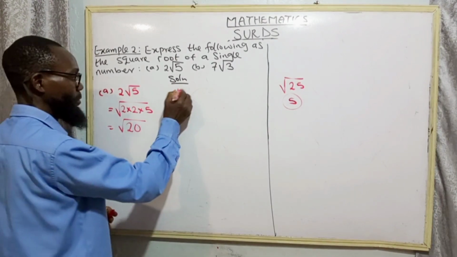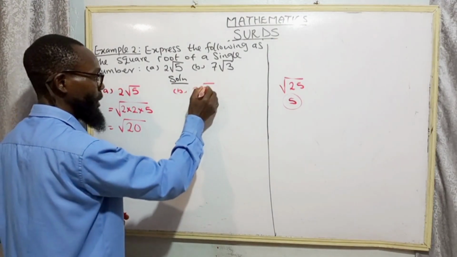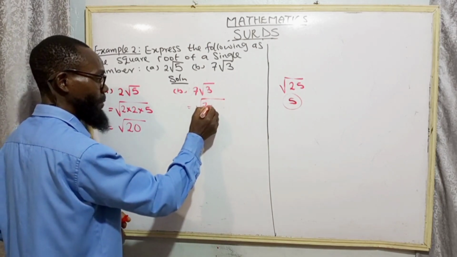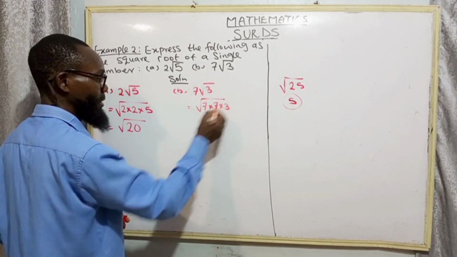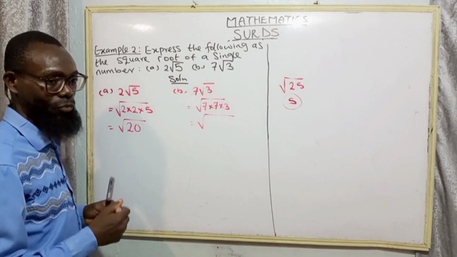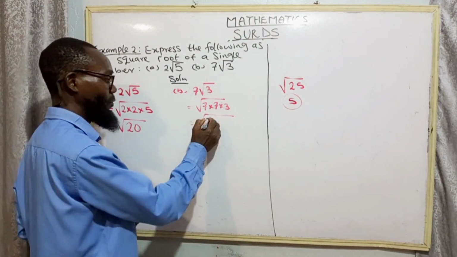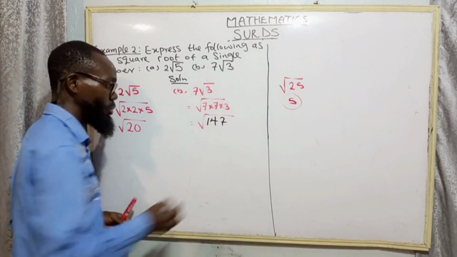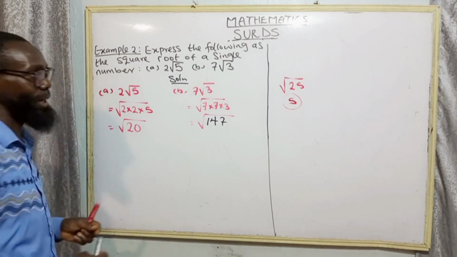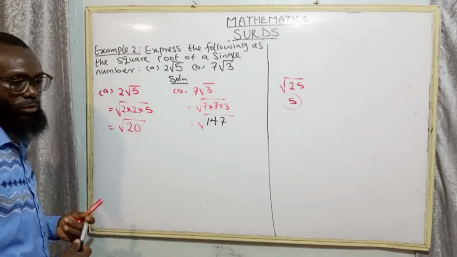The second one, 7 root 3 means the square root of 7 multiplied by 7 multiplied by 3. So 7 times 7 is 49. So 49 times 3, we have 147. So you have expressed this surd as a single number under one square root.